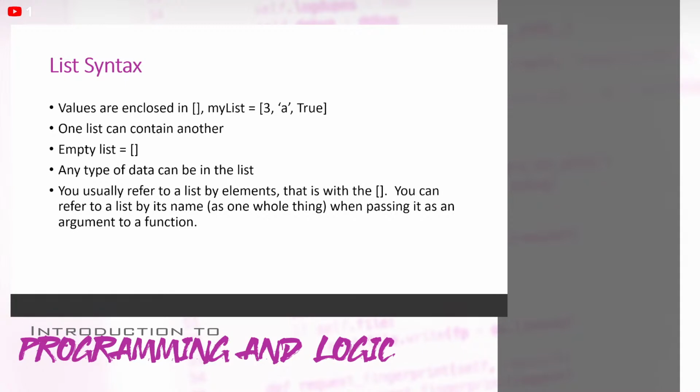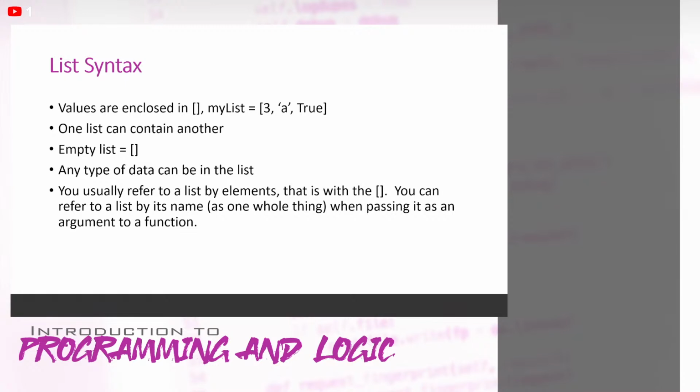So when we're talking about the list syntax, this is talking about how we would write a list in our program. And so here, we can see in the first bullet point, this is what I mean about a heterogeneous list, right? We have a list here. We've given it a name, my list, right? And inside of these square brackets here, we have 3 different pieces of data.